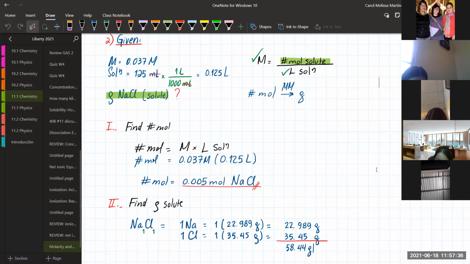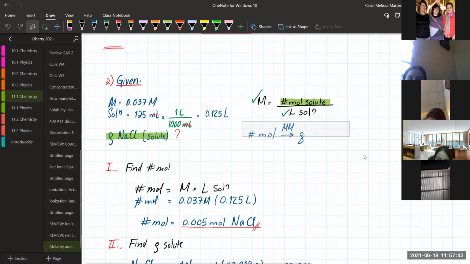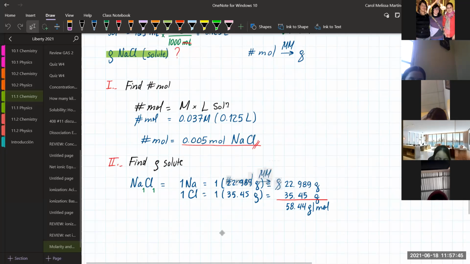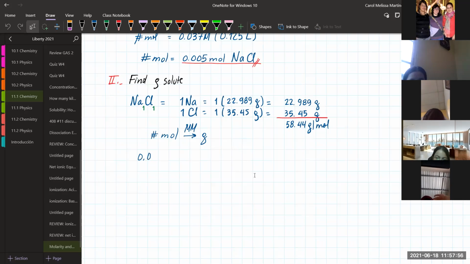grams per mole. Okay? So, to find the grams of solute, we're going to convert from number of moles to grams by using the molar mass. This is the path that we're going to follow. So we obtained in the step before 0.005 moles of NaCl, and I will multiply times the molar mass that we obtained in the step before, that is, that in 1 mole of NaCl you have 58.44 grams of NaCl.